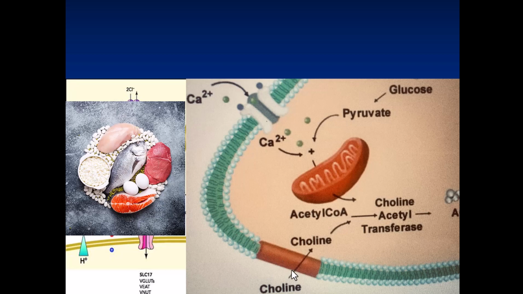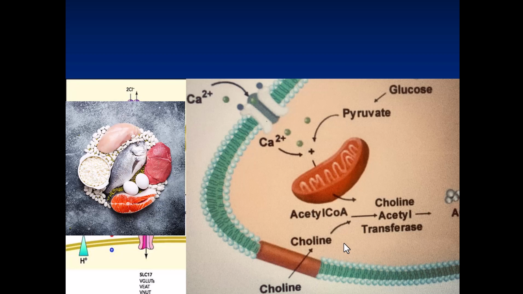When this choline is taken inside to the presynaptic neuronal cytoplasm, here we have mitochondria, and from glucose and pyruvate, the mitochondria produce acetyl CoA.